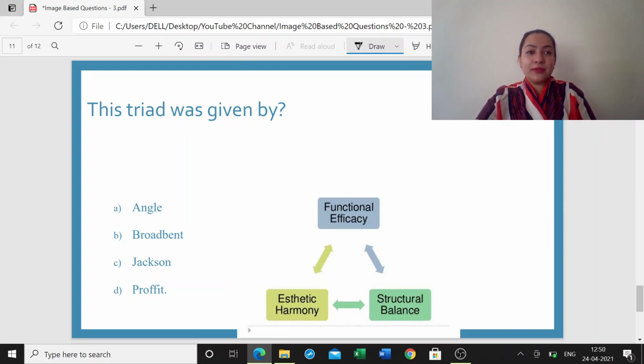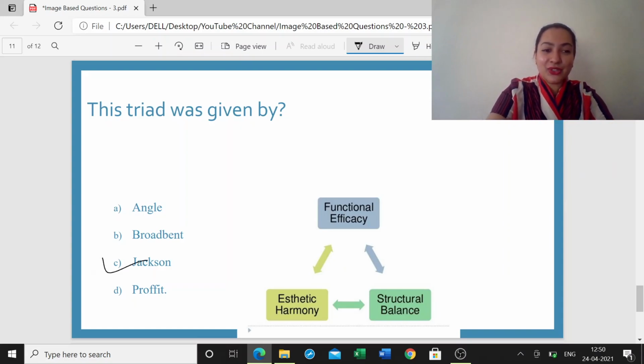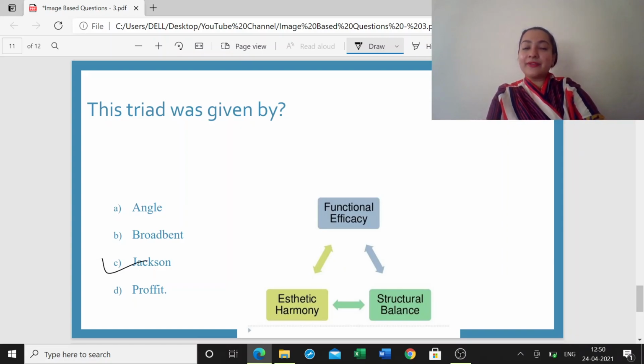Next question. This triad was given by. I don't think we need an explanation in this. It is Jackson's triad, where Jackson gave the triad of functional efficacy, structural balance and aesthetic harmony, because he told that just correcting teeth is not enough.